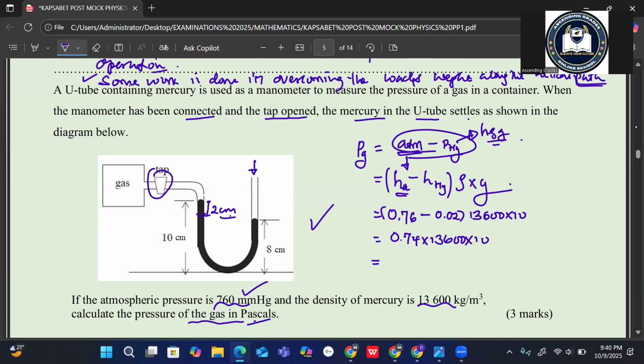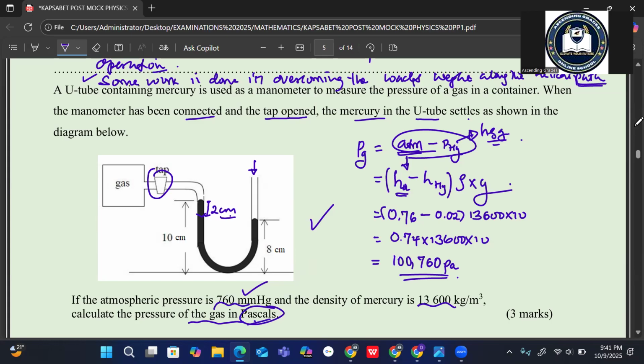And this becomes 100,760 pascals. The question is asking in pascals.